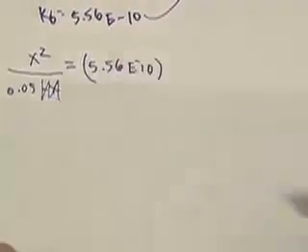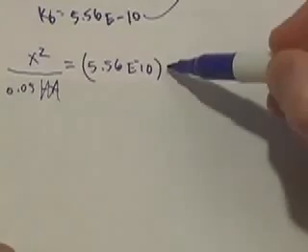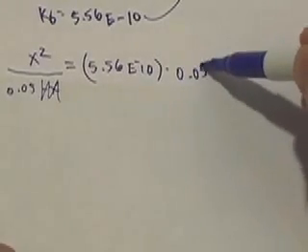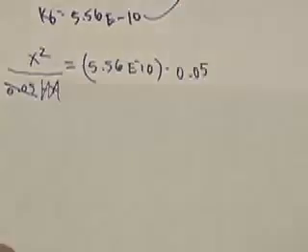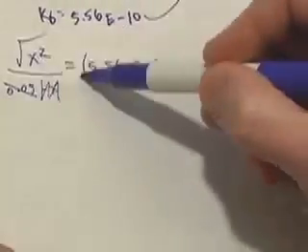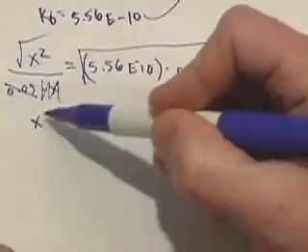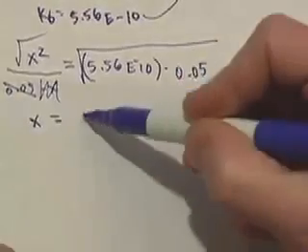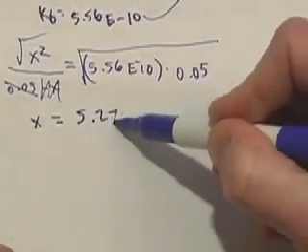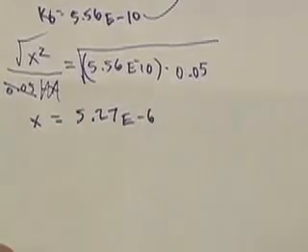I'm going to ignore this x and say it's small compared to 0.05. Multiply both sides of the equation by 0.05. That gets rid of this here. Square root both sides, and I end up with x equaling 5.27 times 10 to the negative 6th.